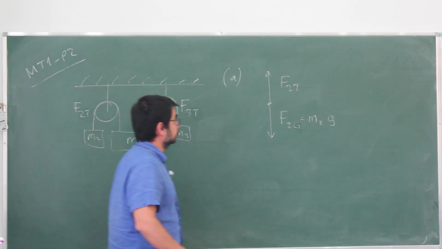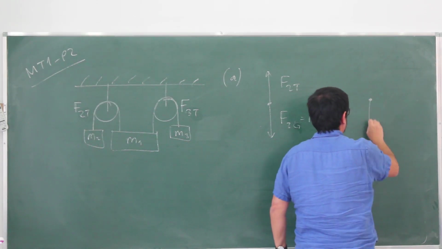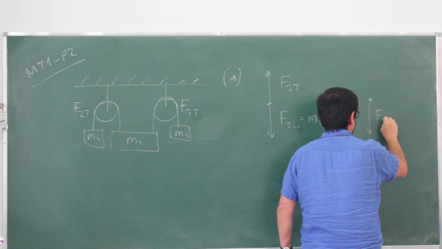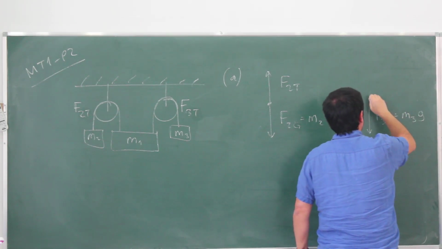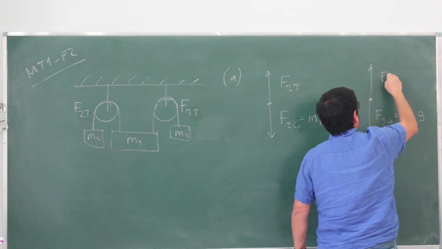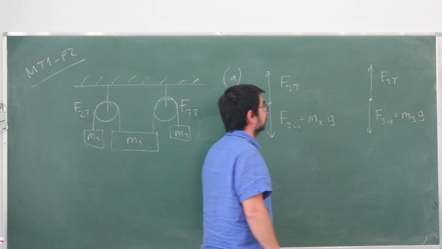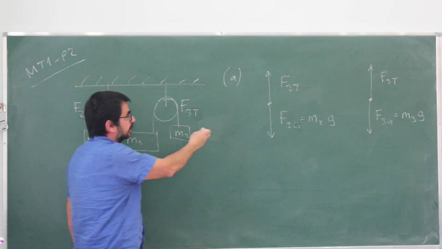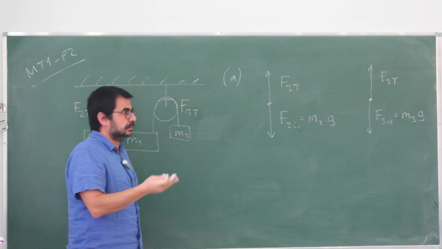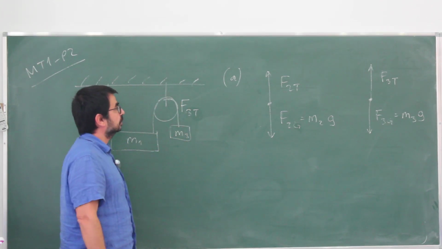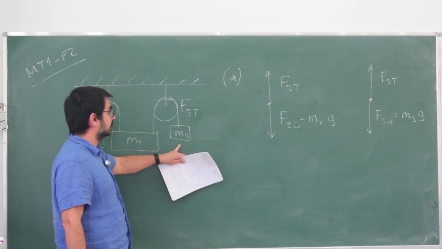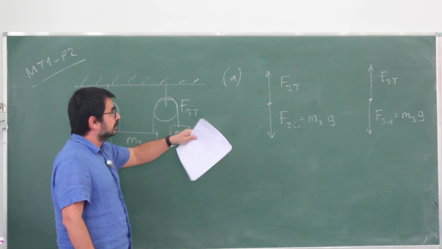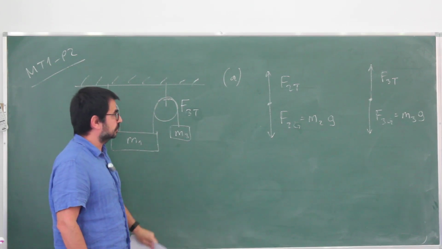Let's do M3 next. This has gravity, which is always there. F3G is going to be M3 times G, and then F3T. Now these might look equal, but they're not necessarily equal. One could be larger, one could be smaller. We're not given any information at this point. We don't know if these are accelerating up or down, so I'm just drawing some arbitrary vectors.